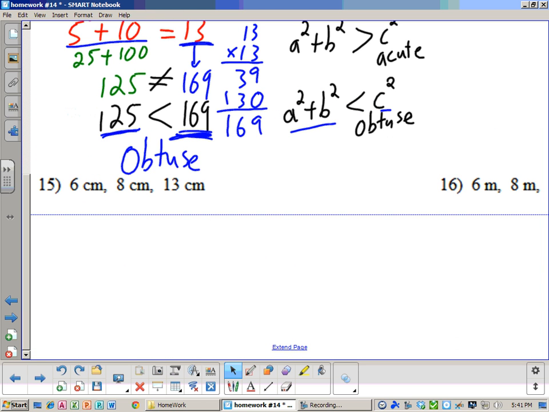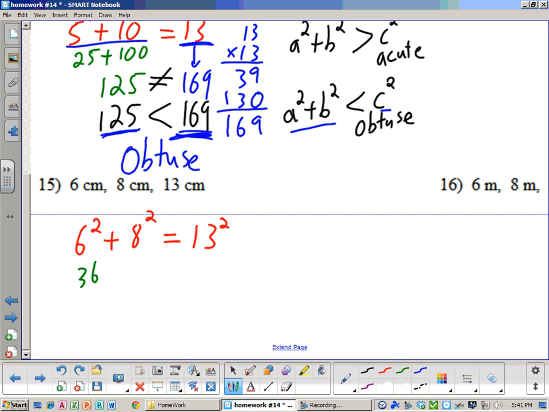Number 15 uses 6, 8, and 13. So I'm going to say once again, 6 squared plus 8 squared equals 13 squared. Let's see what happens. Well, 6 squared is 36, plus 8 squared, 64. And 36 plus 64 is 100.